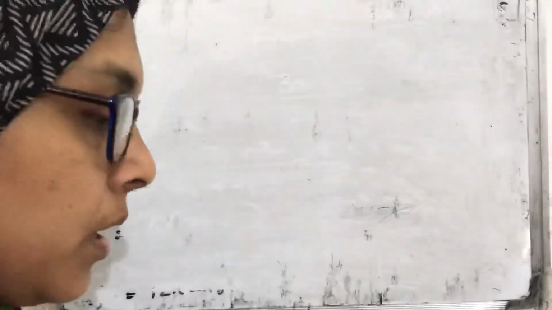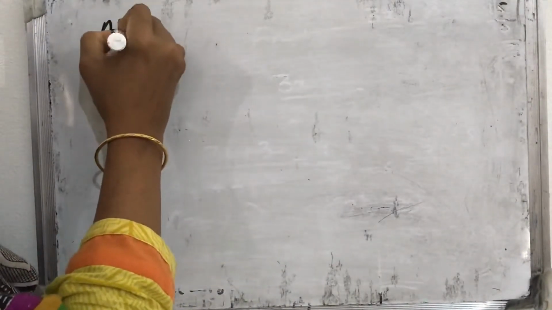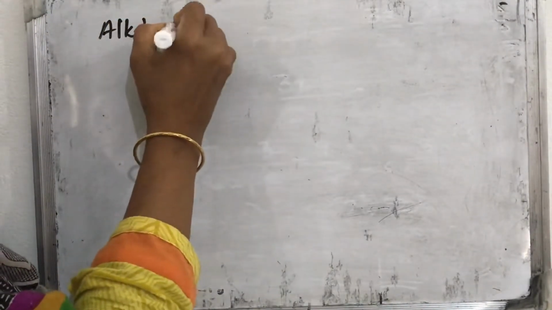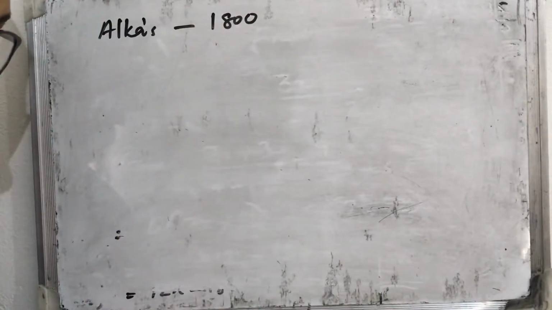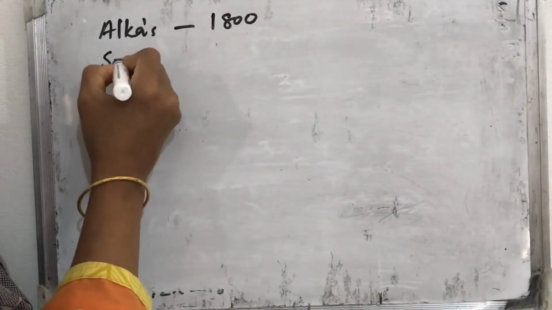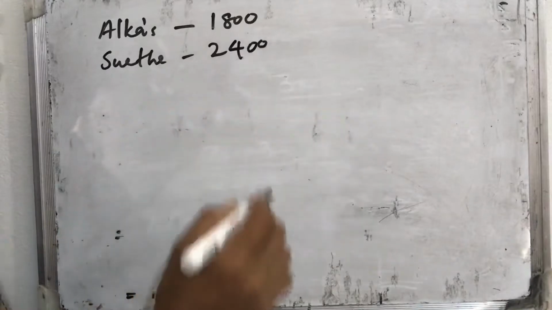That is the question. So here, Alga's investment is how much? 1,800. And the next person is Sheda. Sheda's investment is given as 2,400.